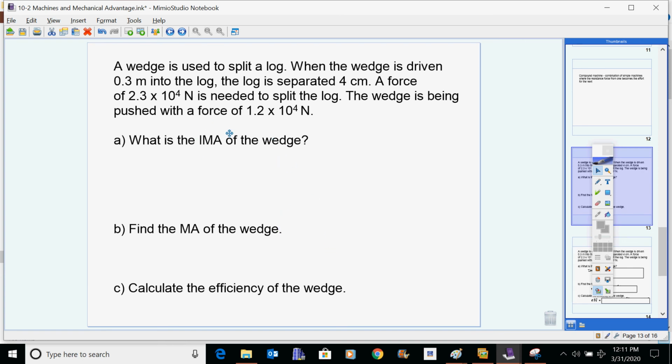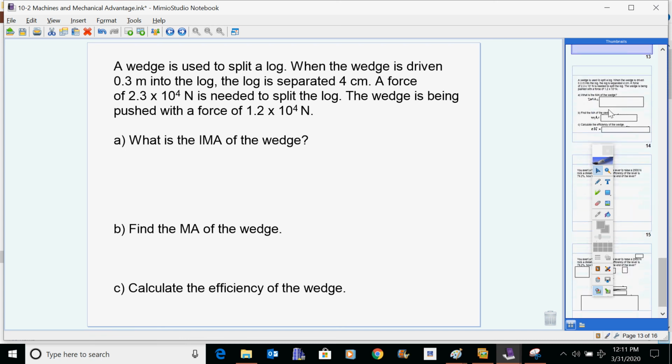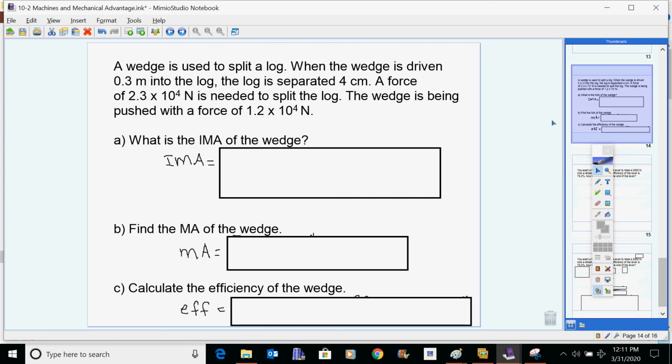We want to find the ideal mechanical advantage. In other words, what would happen if this were a perfect machine? We're going to find the actual mechanical advantage based on this information, and then we're going to calculate the efficiency of this particular device using some of those equations we talked about yesterday.